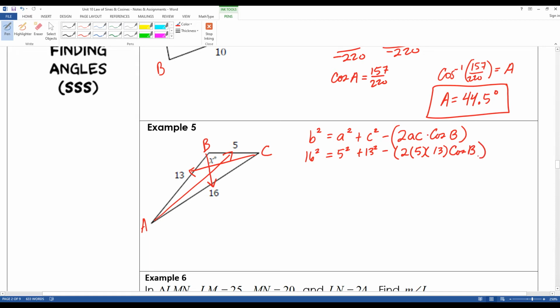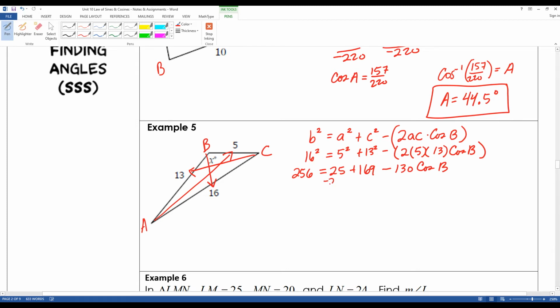All right, what do we have? Let's just punch in the numbers. 16 squared, 256 equals 25 plus 169 minus 10 times 13, so 130 times the cosine of B. All right, so we need that negative 130 cosine B by itself.